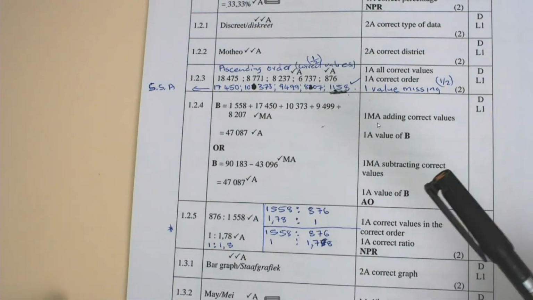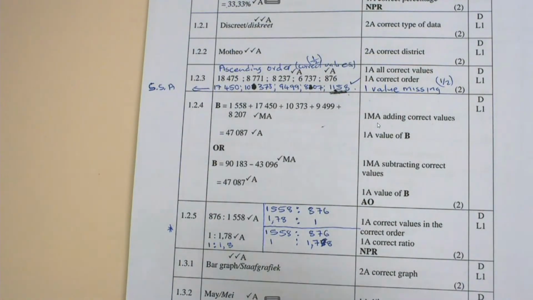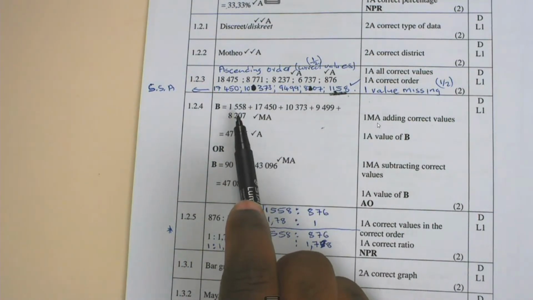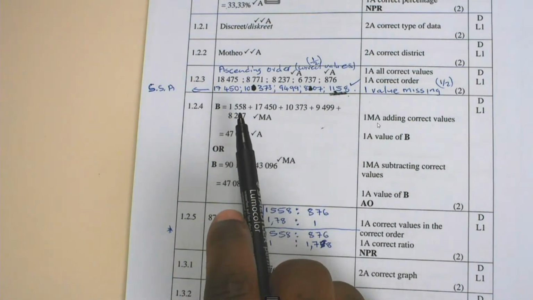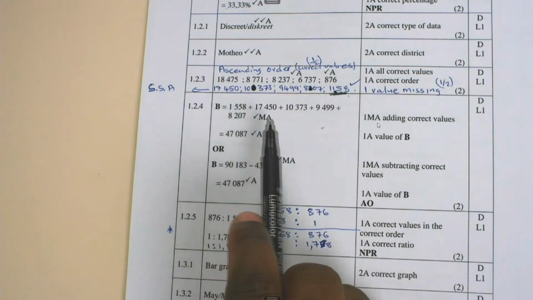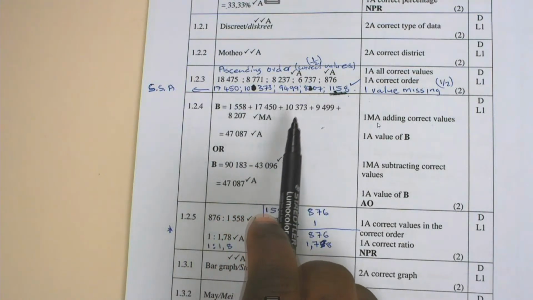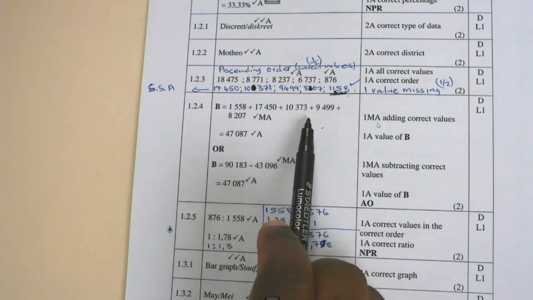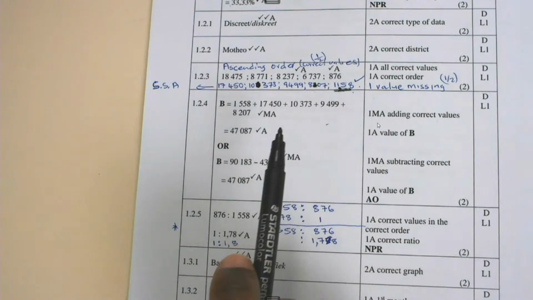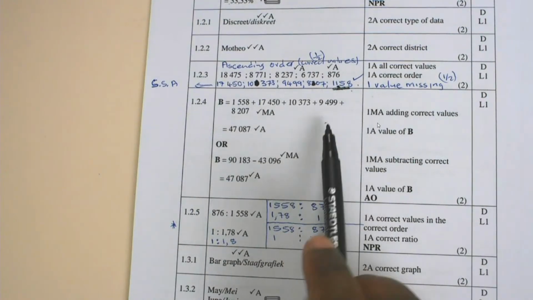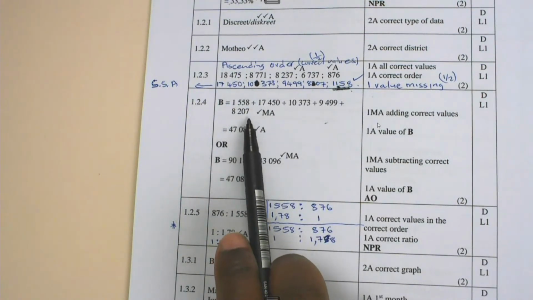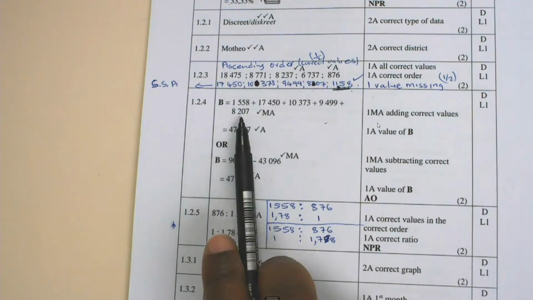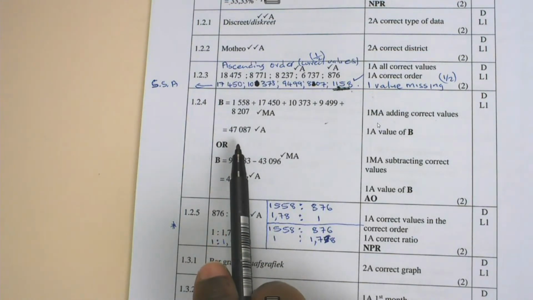And then the answer to that: B equals 1,558 plus 17,450 plus 10,373 plus 9,499 plus 8,207. So the answer should be 47,087.